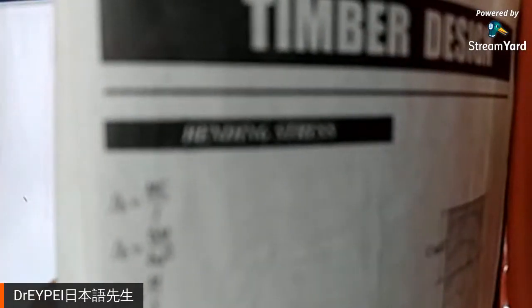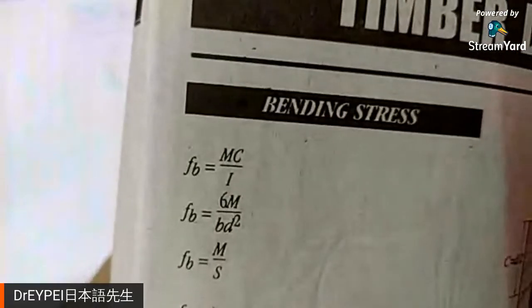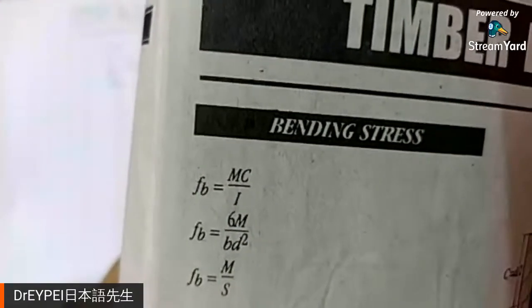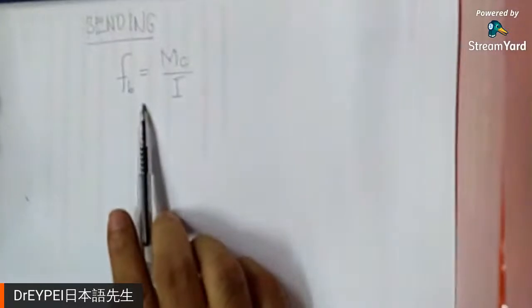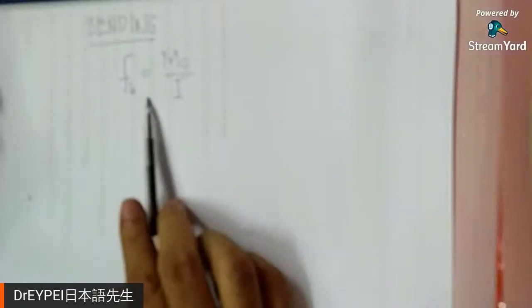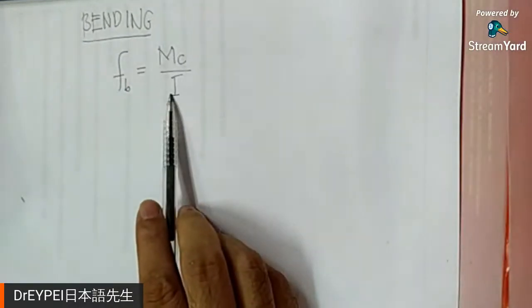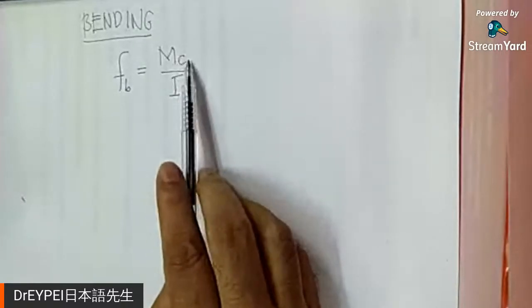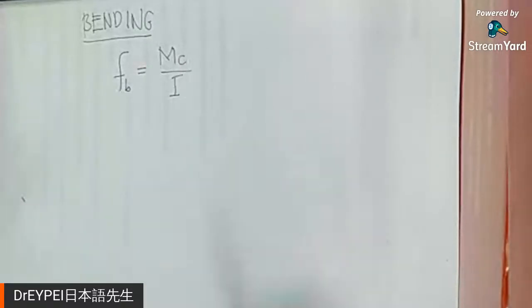Can you see that in the formula C is capital letter? So FB is equal to MC over I. So this is what we are doing here. But we have to use small c, lowercase c.